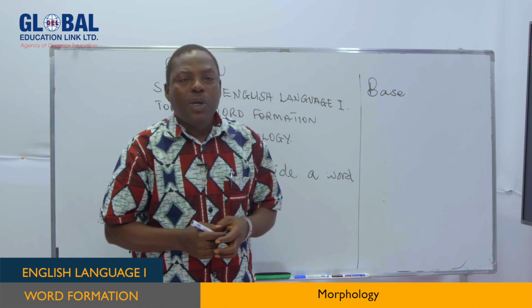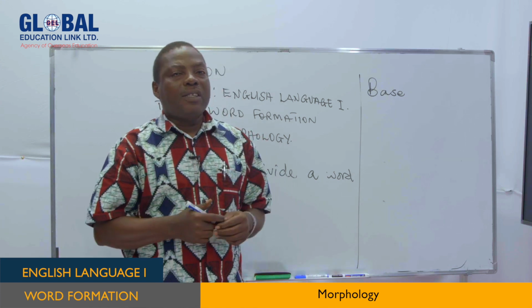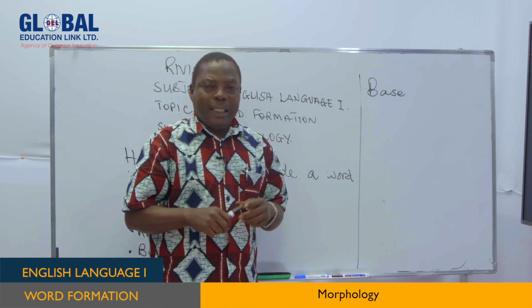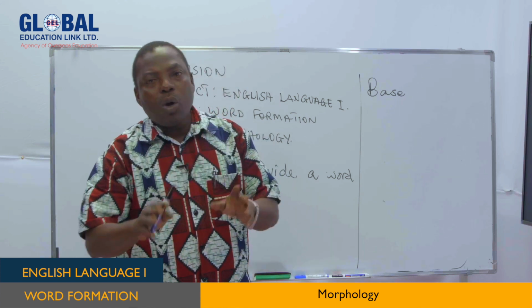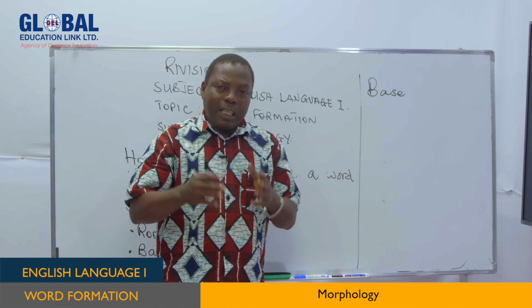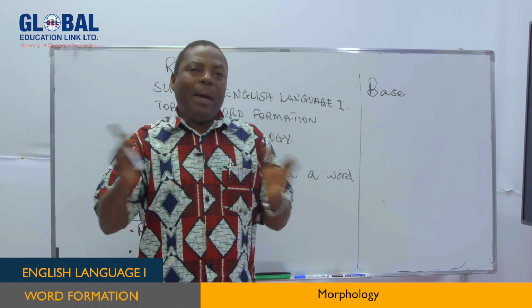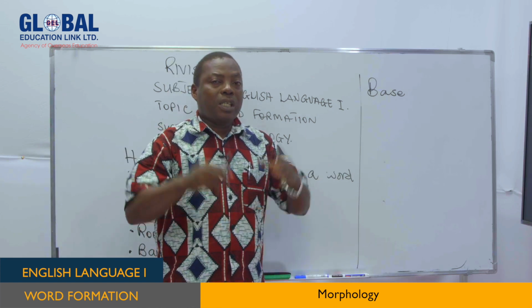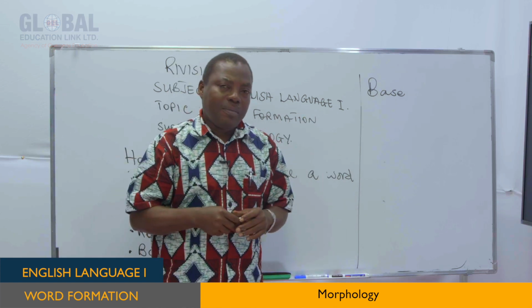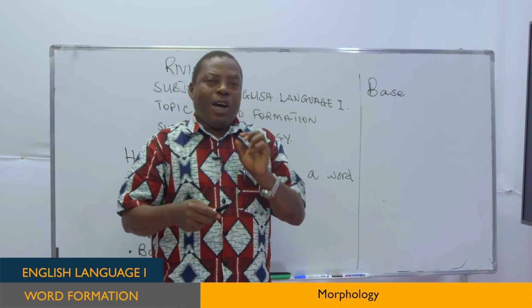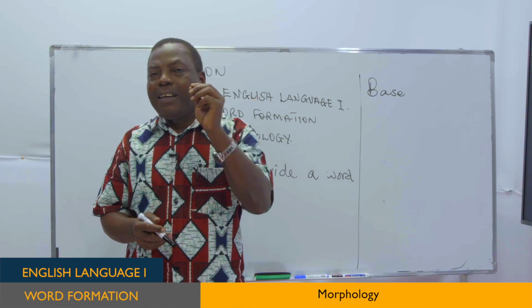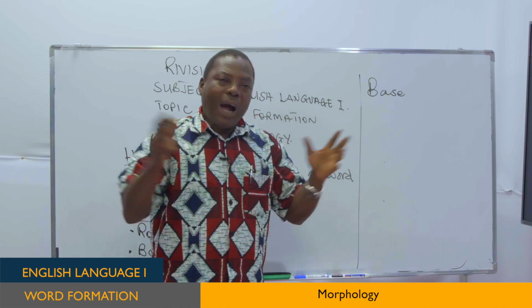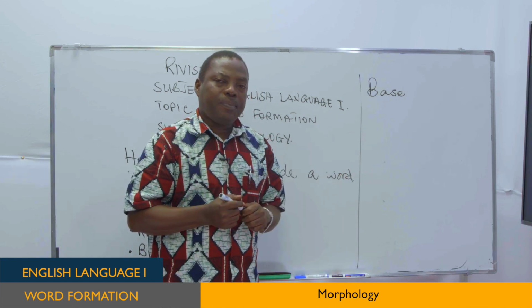It is a word which is meaningful by itself. It is something which is recognized. It's an element. If you are to segment it, of course, you can have further segmentation. We'll see it later when it comes to syllable division. But how can we identify a base from other words?